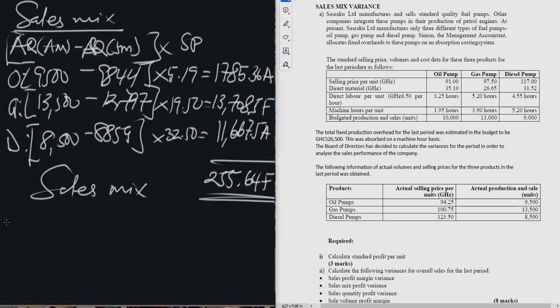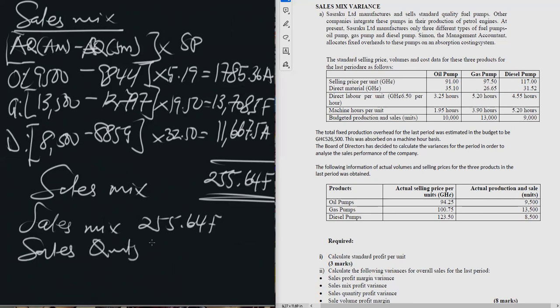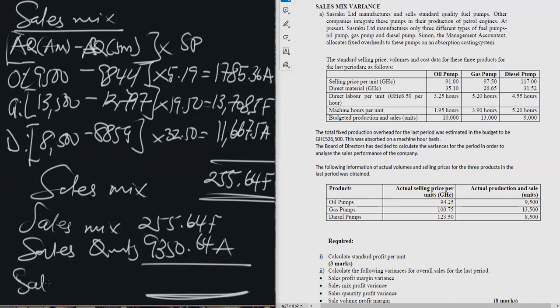So we've got our quantity variance and our mix variance. Sales mix gives us 255.64 favorable, and sales quantity, which we just got, was 9,350.64 on my calculator, but that one was adverse, right? So when we put it together, they should give us the sales volume variance.